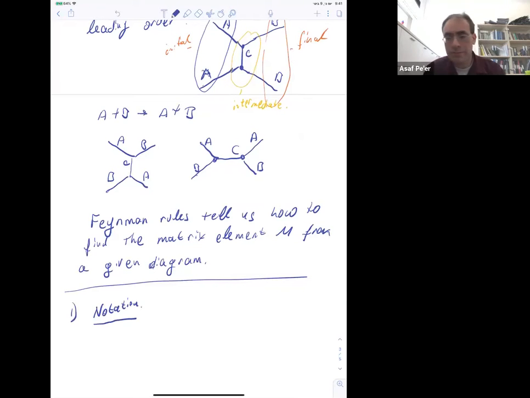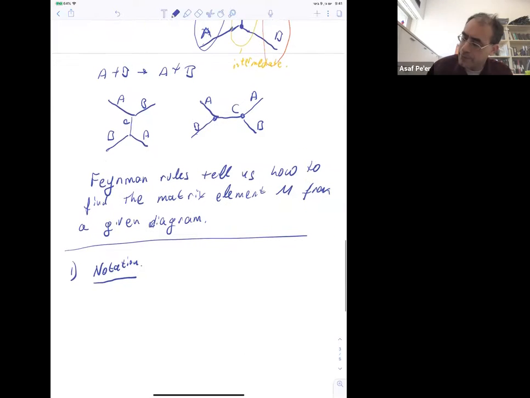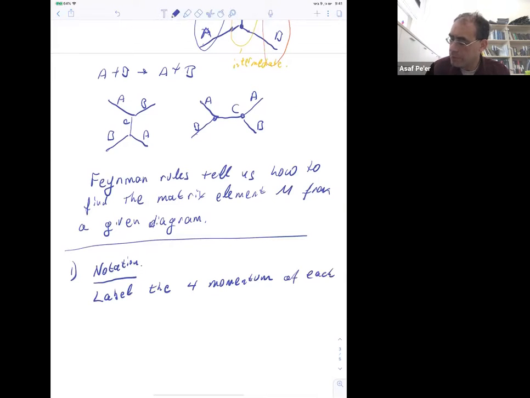We label the four-momentum of each of the incoming and outgoing particles by P1, P2, up to Pn.